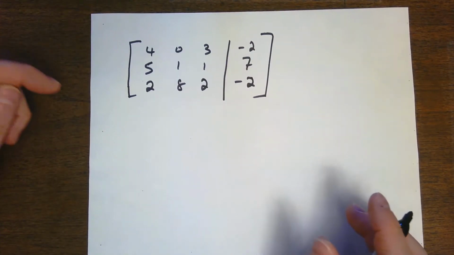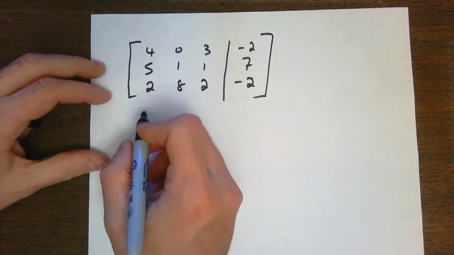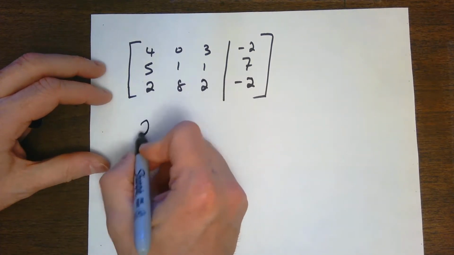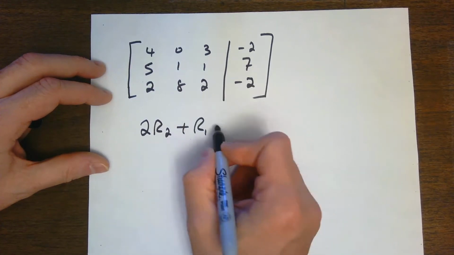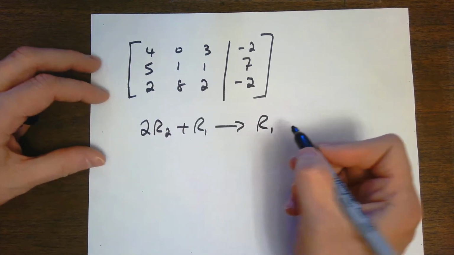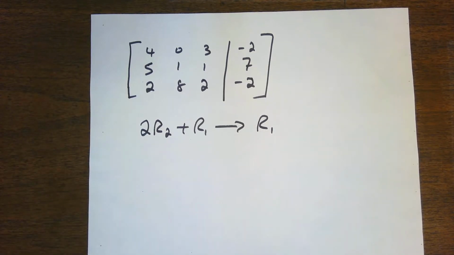And here's the row operation that I want you to perform. I want you to do 2 times row 2, add it to row 1, and put it in place of row 1. So do 2 times what's in row 2, add that to what's in row 1, and put it in for where row 1 was.